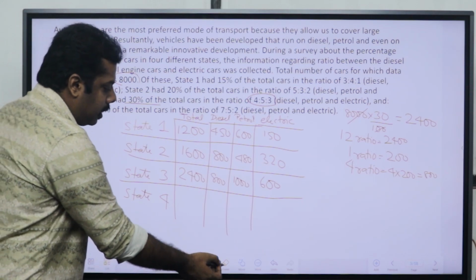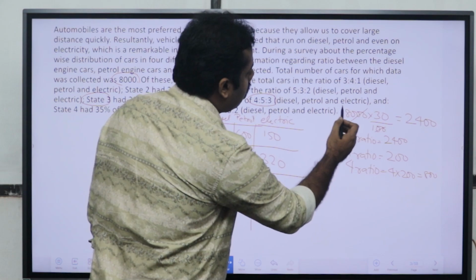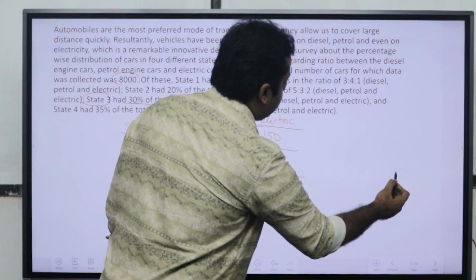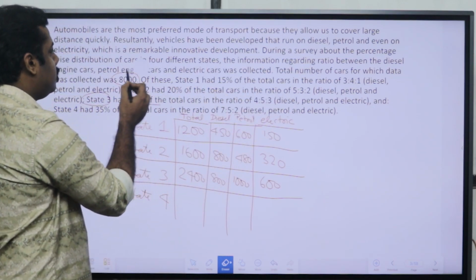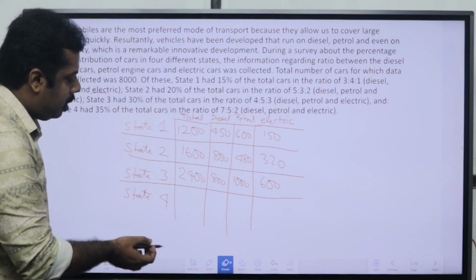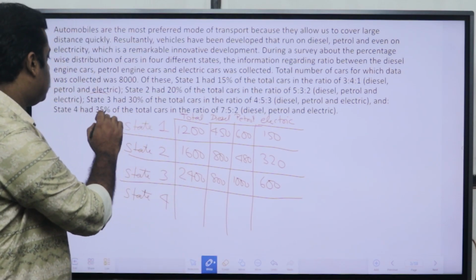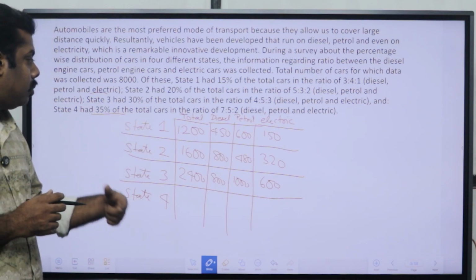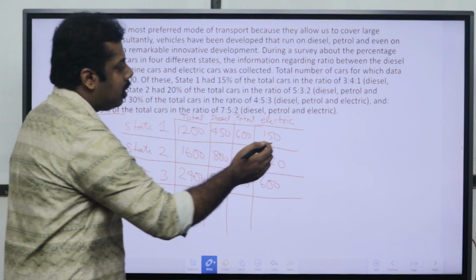Now moving on to the last state, then I think we can start off with the questions. Now moving to the last state, that is state 4. State 4, as we can see, has 35% of total number of cars. Total cars as we know is 8,000.